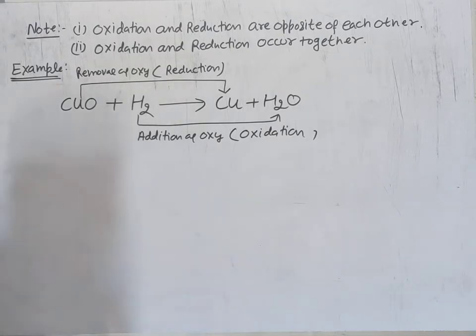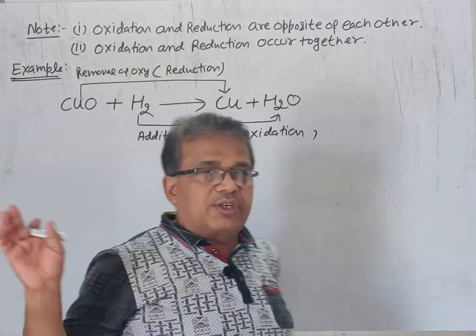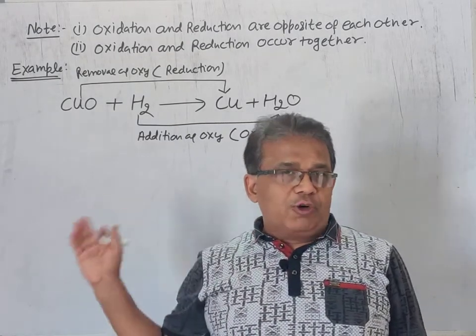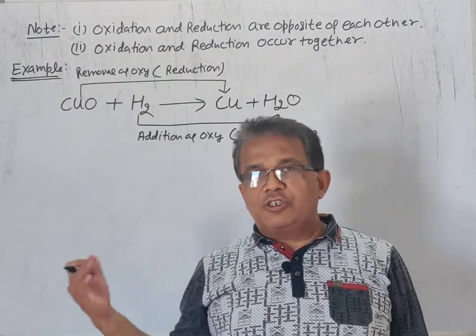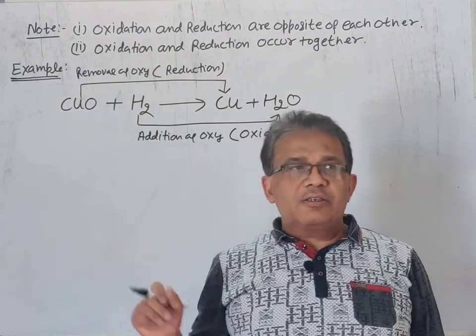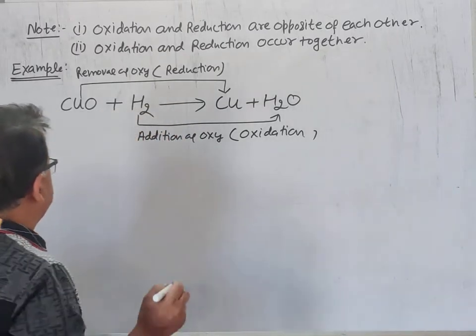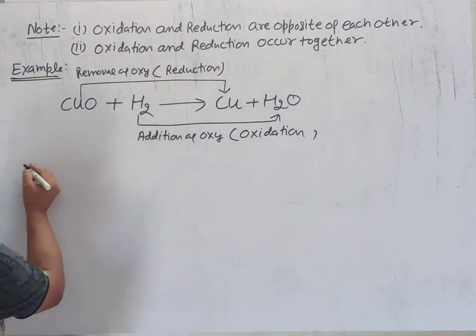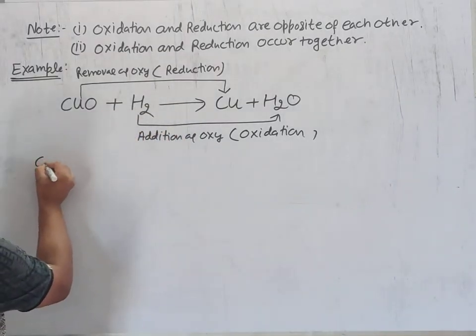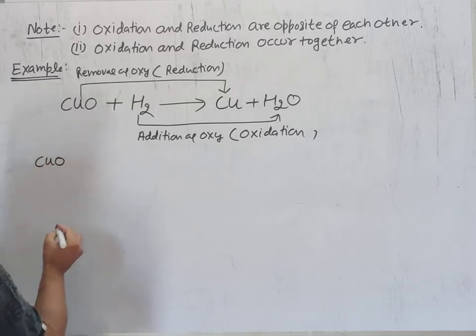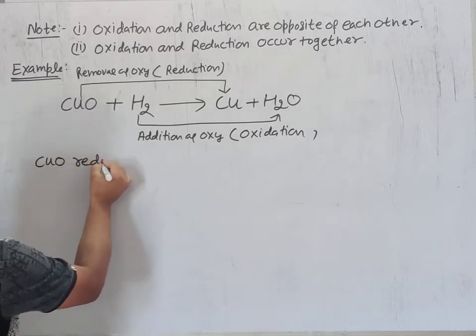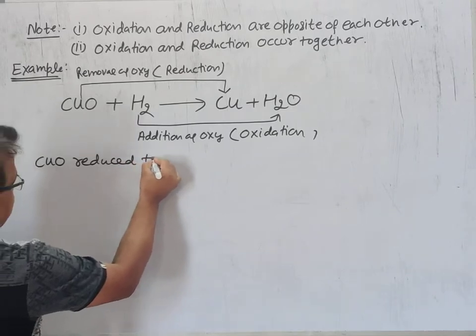So a question comes normally in exams: which substance gets reduced, which gets oxidized into which substance, which is reducing agent. So I am writing such type of answers here. Number 1, copper oxide reduced to copper.